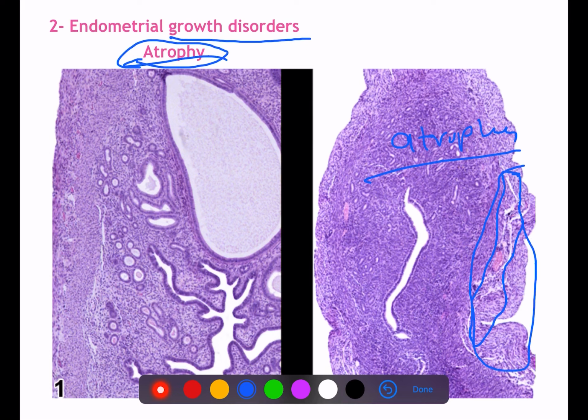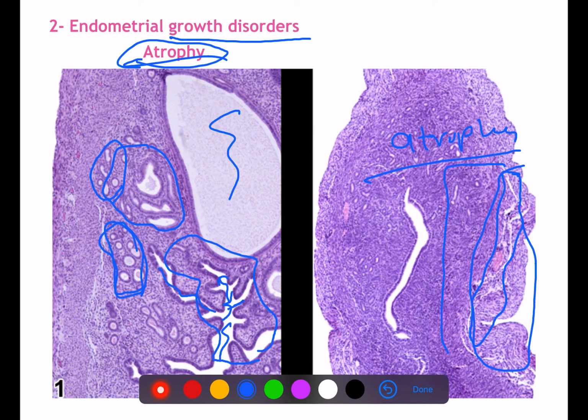In the left picture, this structure is normally found within the endometrium. The endometrium is characterized by gland formation. This gland formation, of all types, cystic type, hyperplastic type, normal type, premature type, all these types disappear within the atrophied uterus.